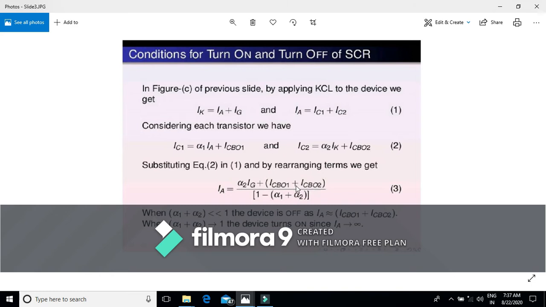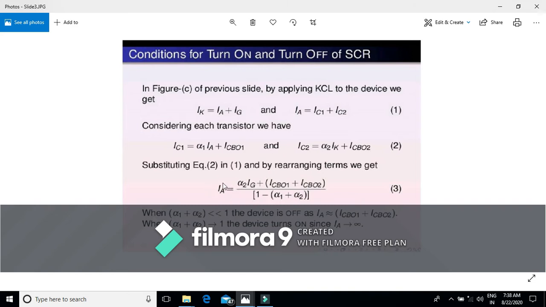If IG is equal to 0, then alpha 2 into 0, this whole term will be equal to 0, and IA will be equal to ICBO1 plus ICBO2. That means it is equal to the sum of leakage currents, or we can say the anode current is very small. If somehow alpha 1 plus alpha 2 approaches unity, 1 minus 1 will be equal to 0, and anything divided by 0 is infinity.